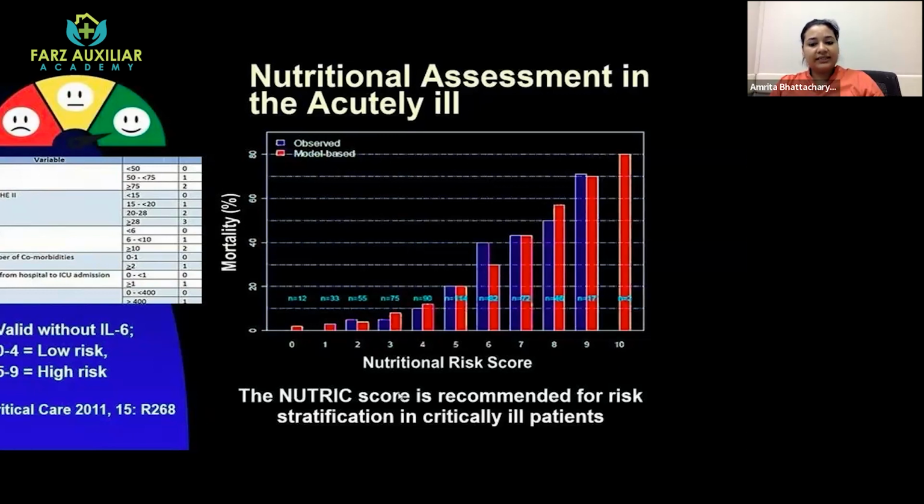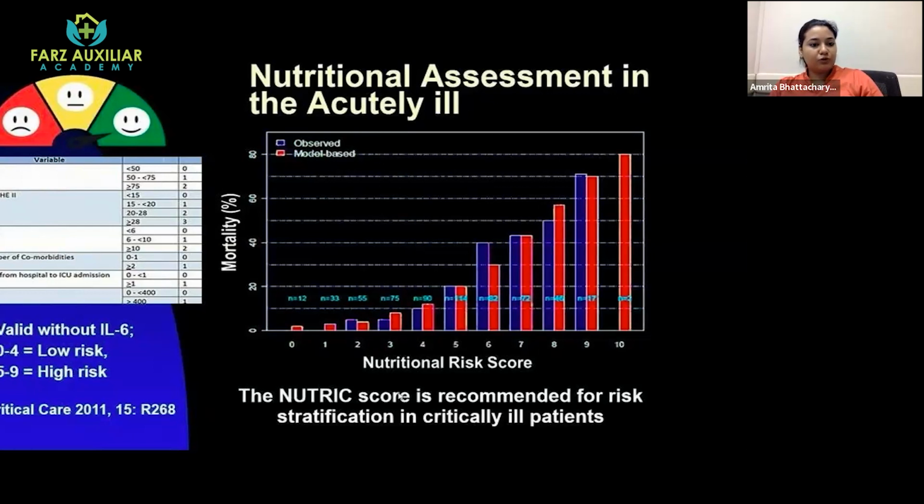The NUTRIC score is recommended for risk stratification in critically ill patients. It is available both with and without interleukin-6, because it is mostly very difficult for us to do an interleukin-6.